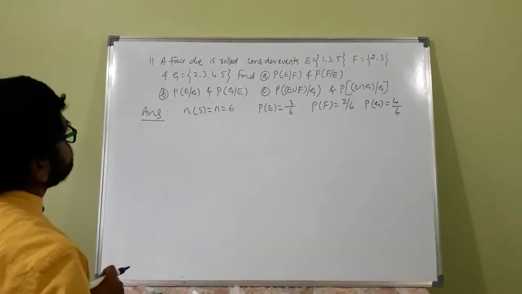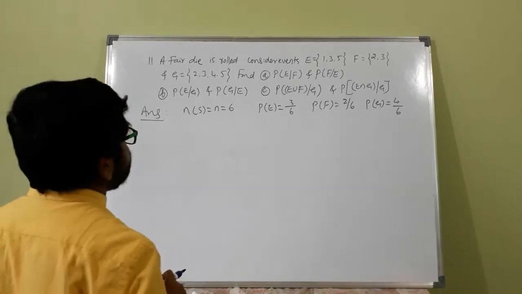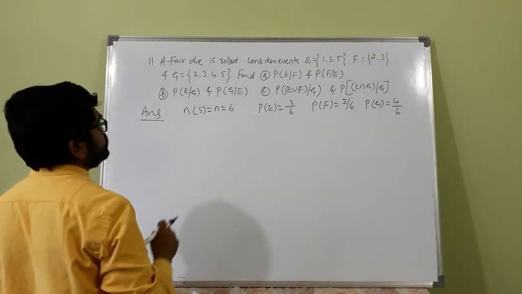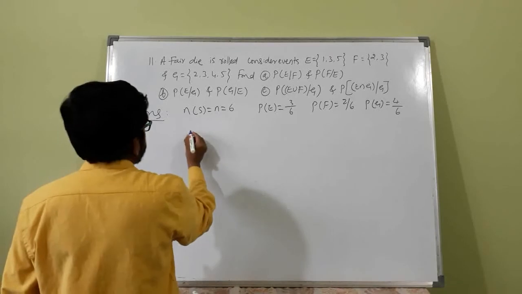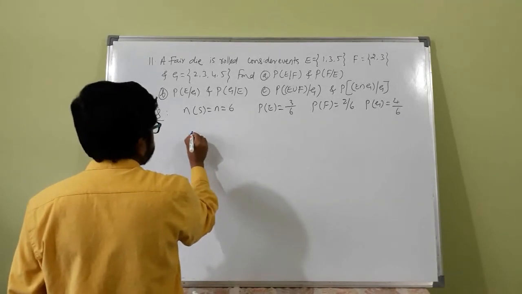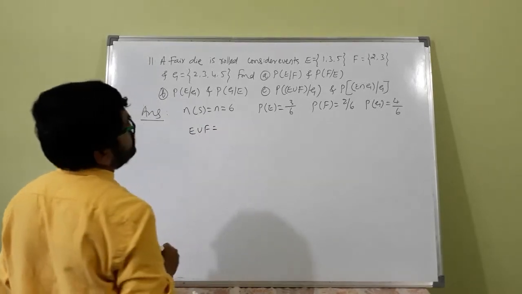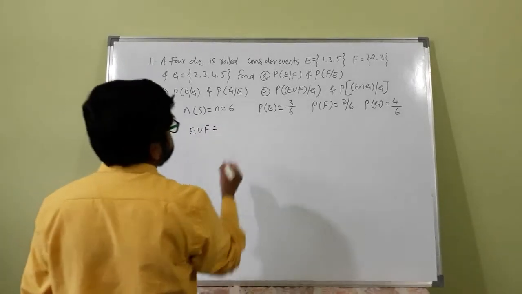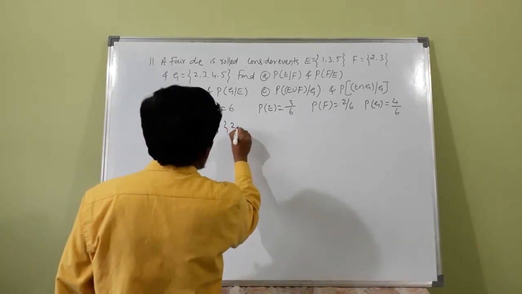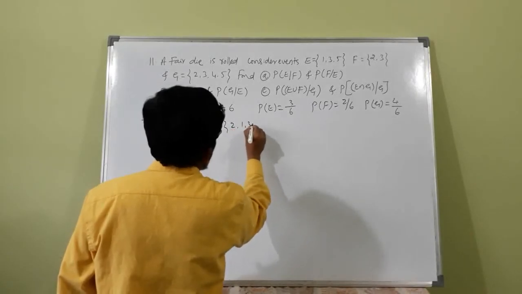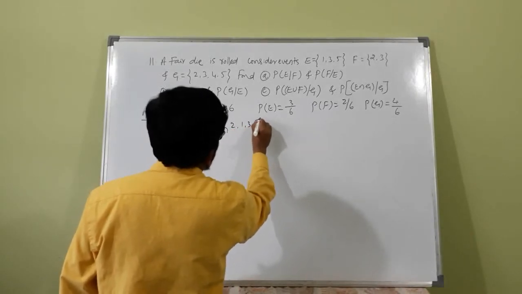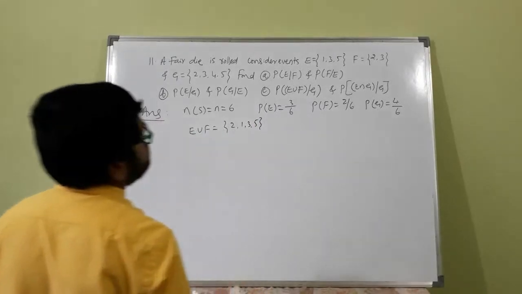Probability of E union F. E union F is equal to {1, 2, 3, 5}, isn't it?